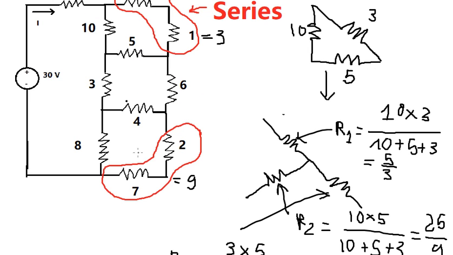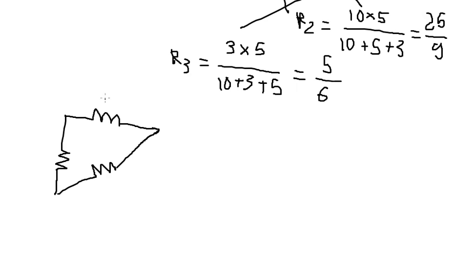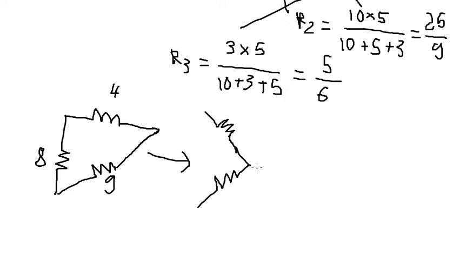This one we have 4, 8, and 9. Now we need to convert the delta into the star. So I will put R1 in here.